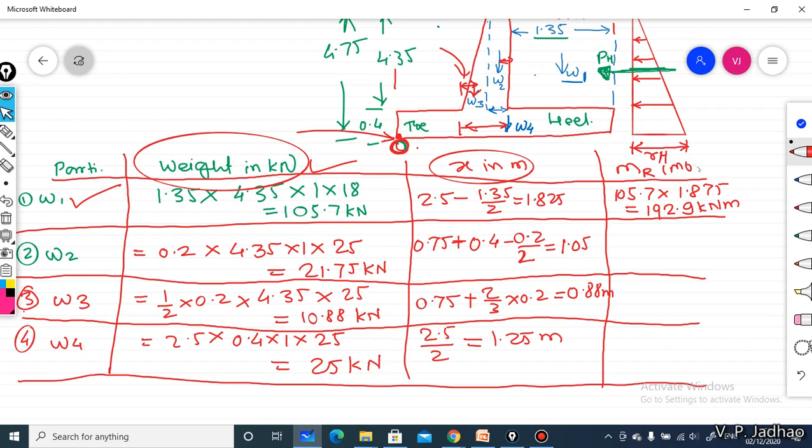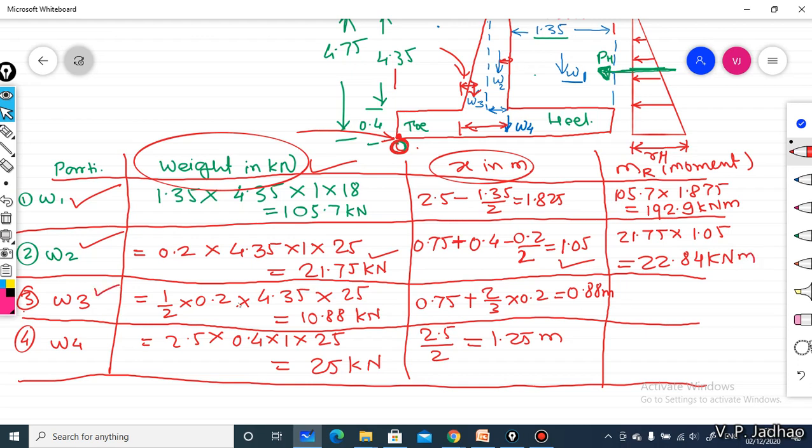Then for W2, 21.75 multiplied by 1.05 comes out to be 22.84 kilonewton meter.